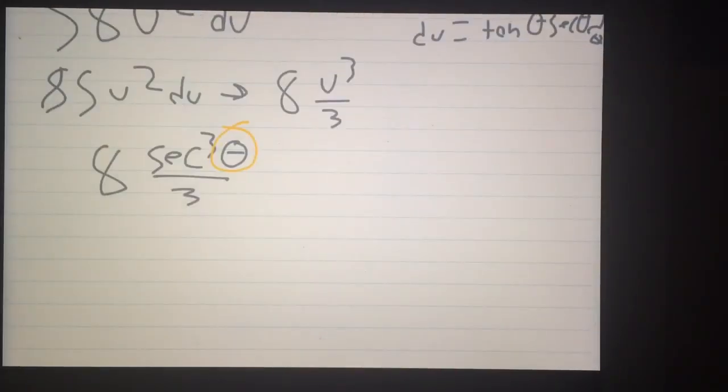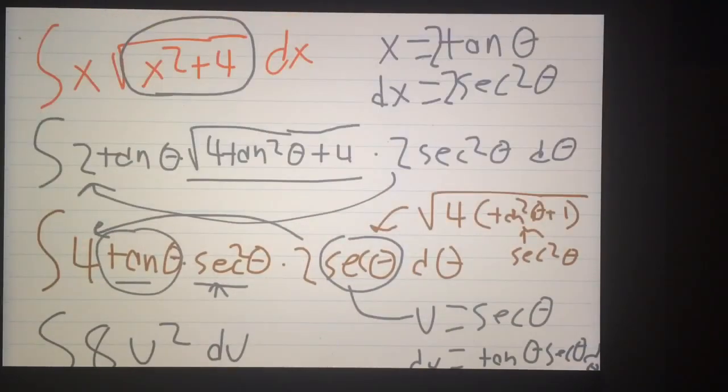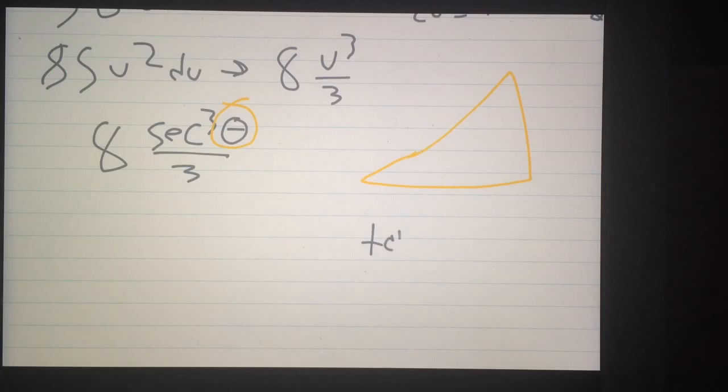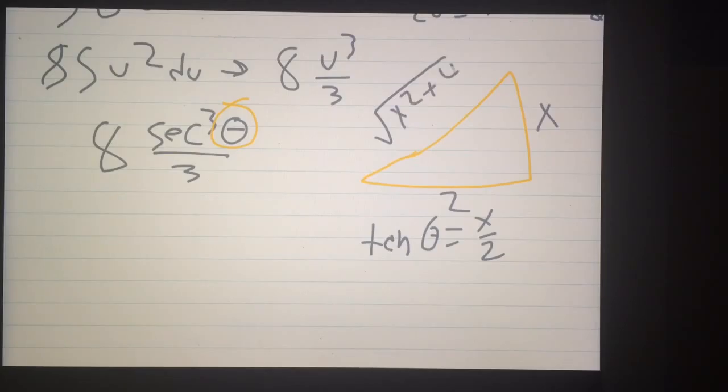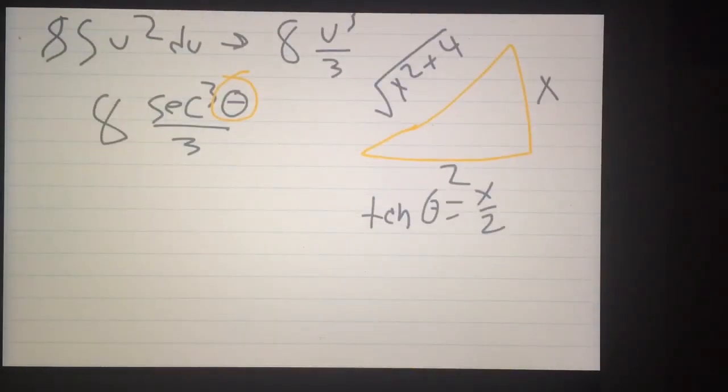So we have to make that handy-dandy triangle again. Boop. So up here, all the way up here, we said that x equals 2 tan theta. Well, that's really like saying tan theta equals x over 2. Well, tan theta is just opposite over adjacent. Throw this in up here. The hypotenuse is the square root of x squared plus 4, which I will remind you looks a heck of a lot like our original problem, as it should.